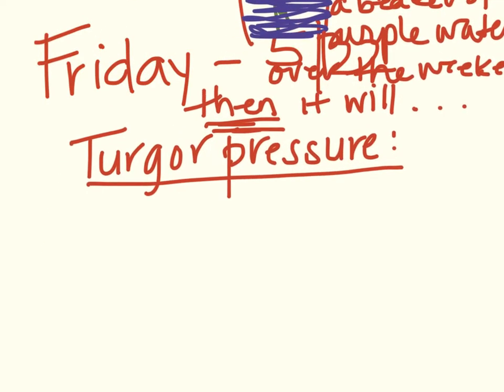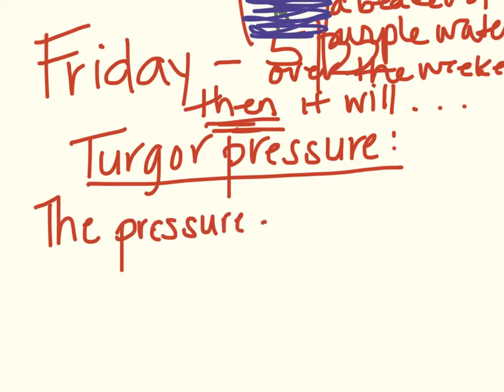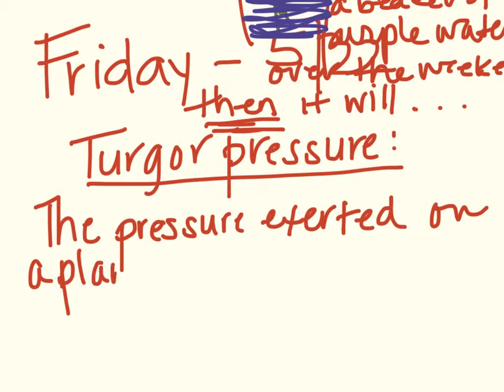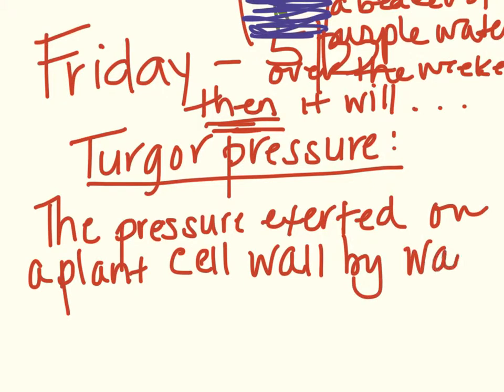So the definition of turgor pressure is the pressure exerted on a plant cell wall by water through osmosis.